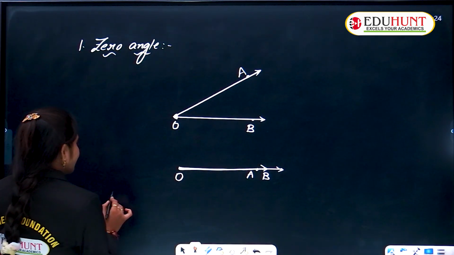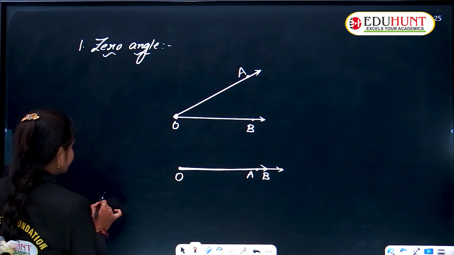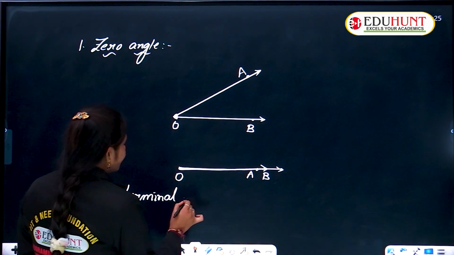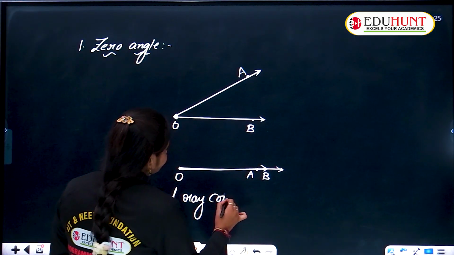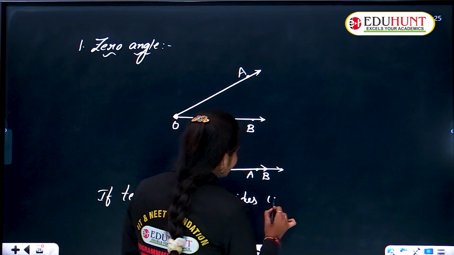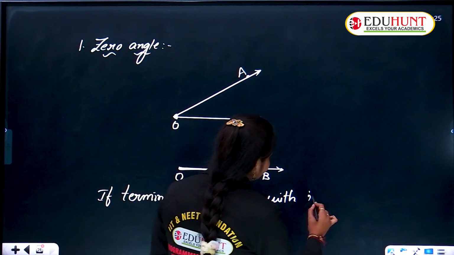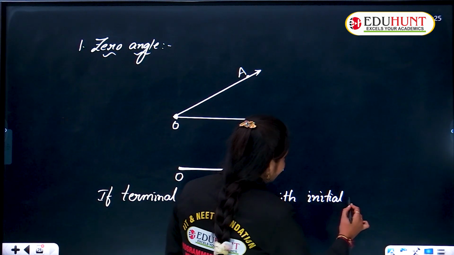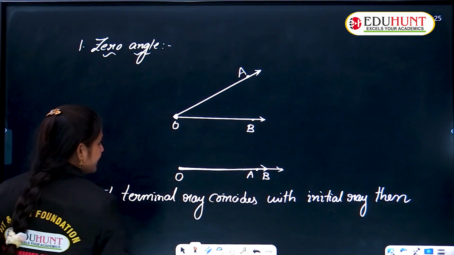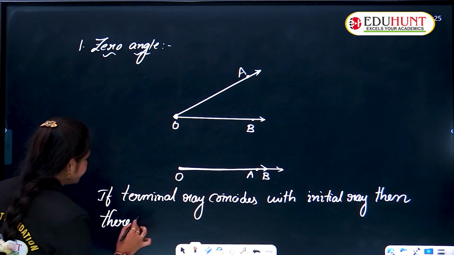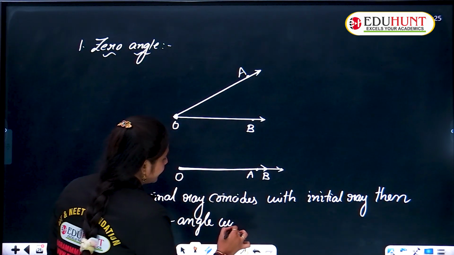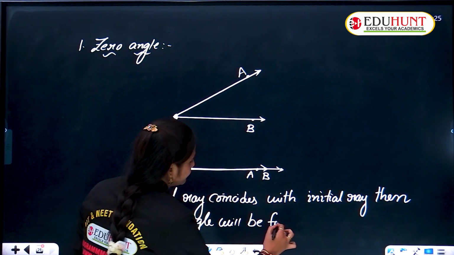Understood? When can we say that? If the terminal ray coincides, means overlapped with the initial ray, then there is no angle formed.